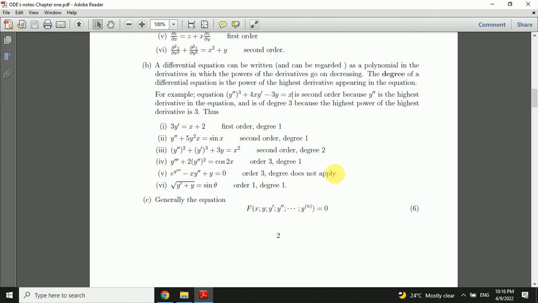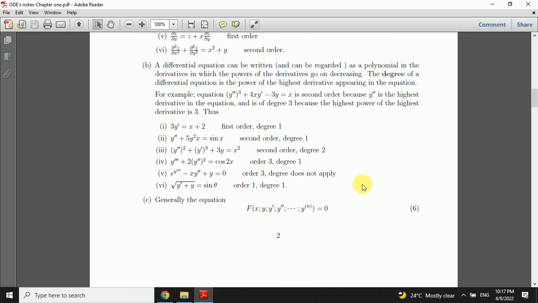The degree only applies if the highest derivative is the one being raised to some power, not the other way around. And for the last example, square root of y prime plus y equals sine theta. We are saying that the order of this differential equation is 1 and the degree is also 1.